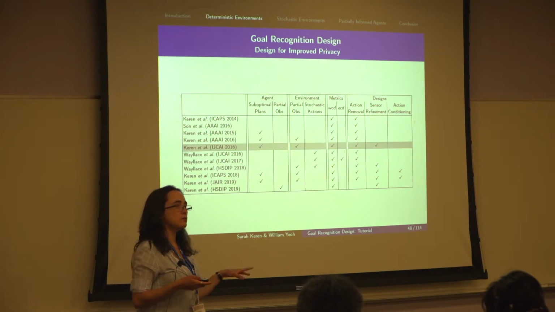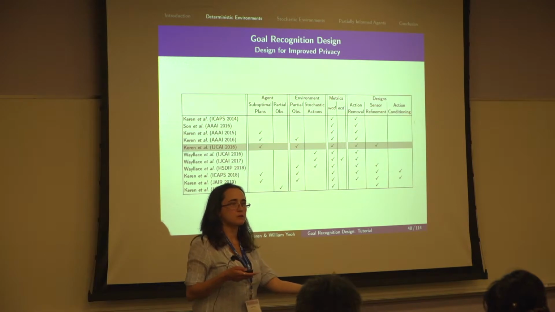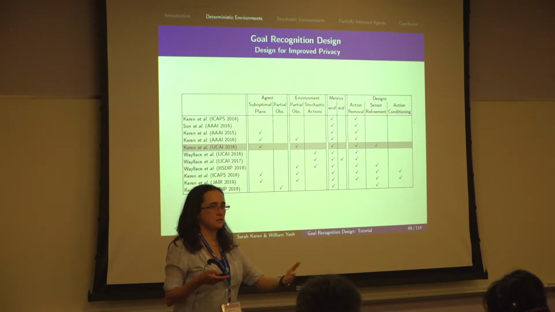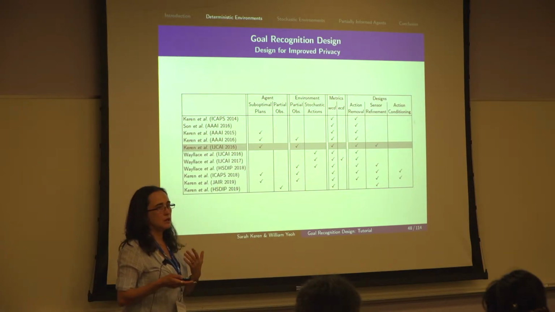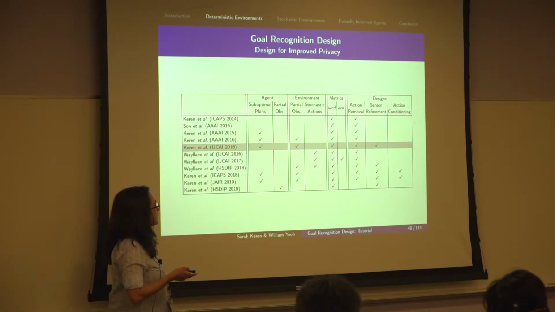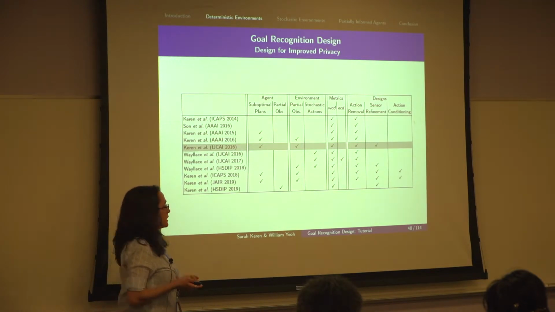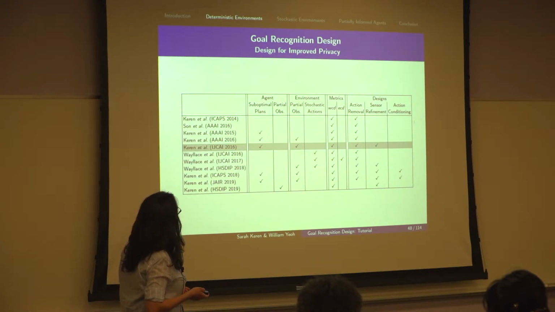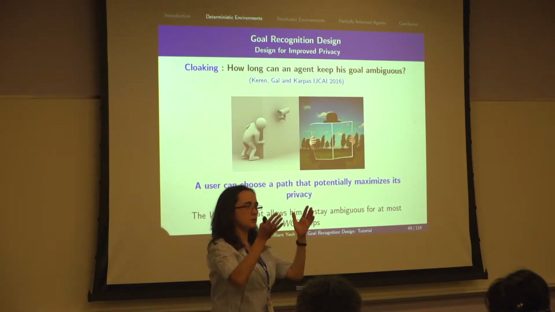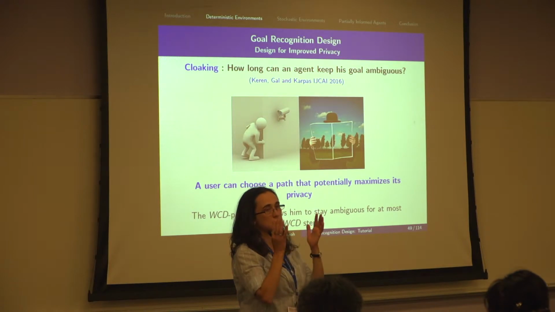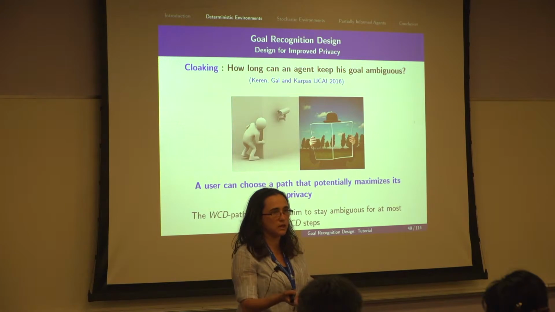So far, we talked about goal recognition design from the point of view of the recognizer, right? The recognizer sees the agent, and the agent is agnostic to the recognition process, but what about the agents? What GRD actually provides, and what we realized for our ICAPS 16 paper, is that we can use the same techniques when we compute the worst case distinctiveness, but instead of using them for the recognition system, we can give that to the agent.